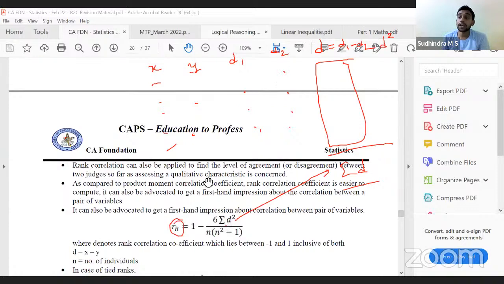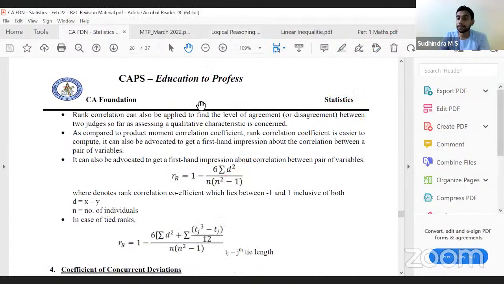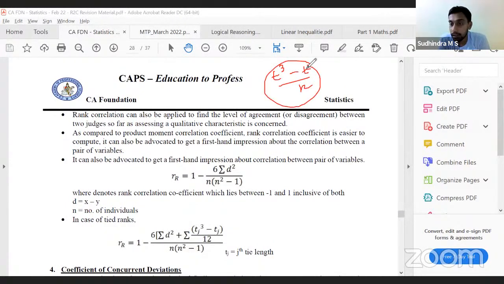However, if we have tied ranks, in some cases the ranks could be tied. In such cases, we have to calculate t cube minus t by 12 for each of the tied ranks. What is t here? T is the length of the tie.